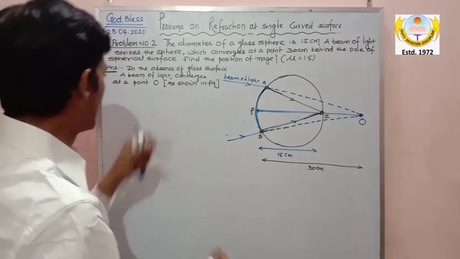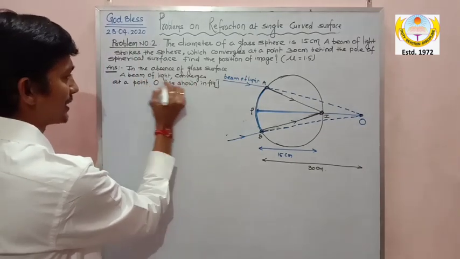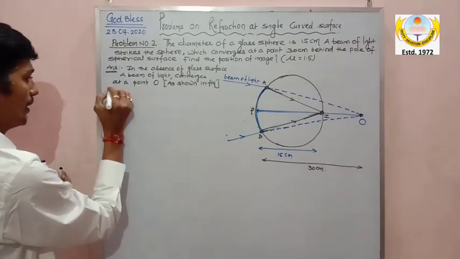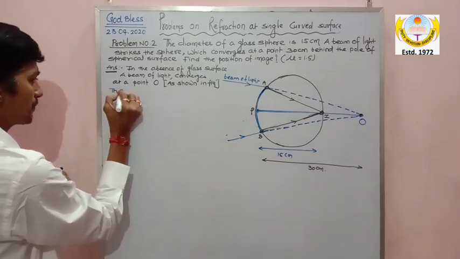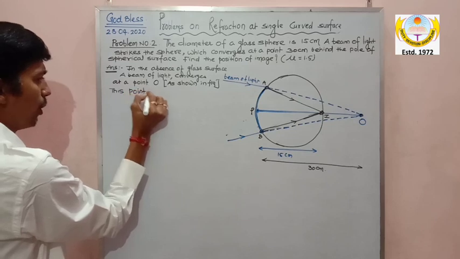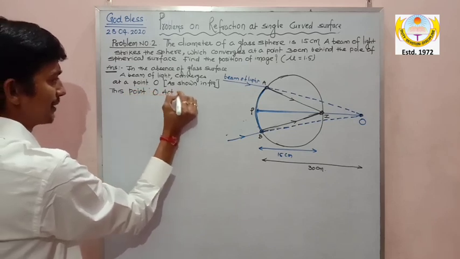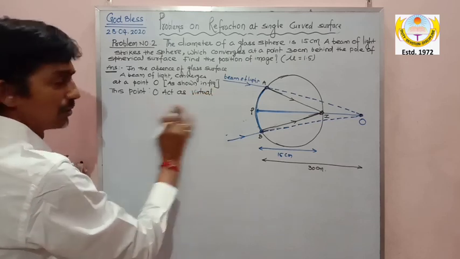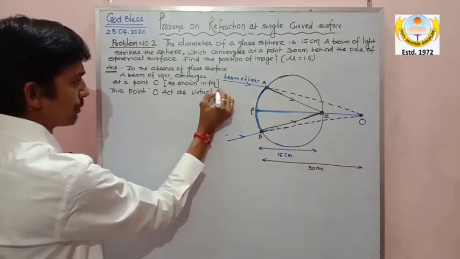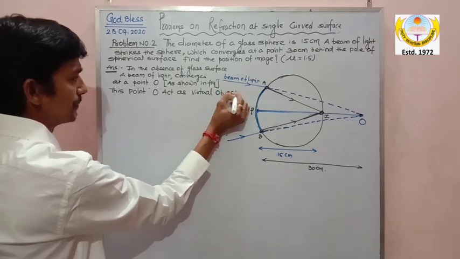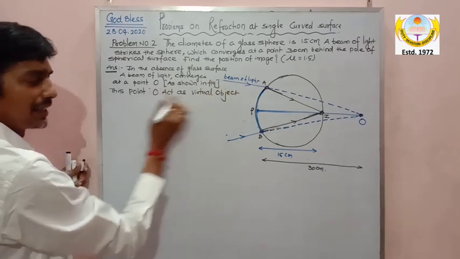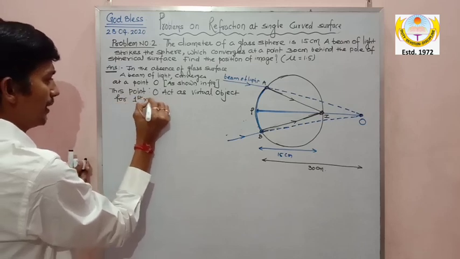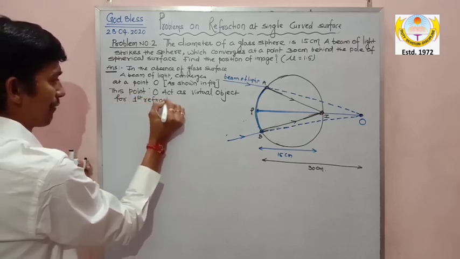So I am continuing my line: in the absence of the glass surface, a beam of light converges at point O as shown in the figure. You should know this and write it in the exam also. This point O acts as a virtual object for the first refracting surface.